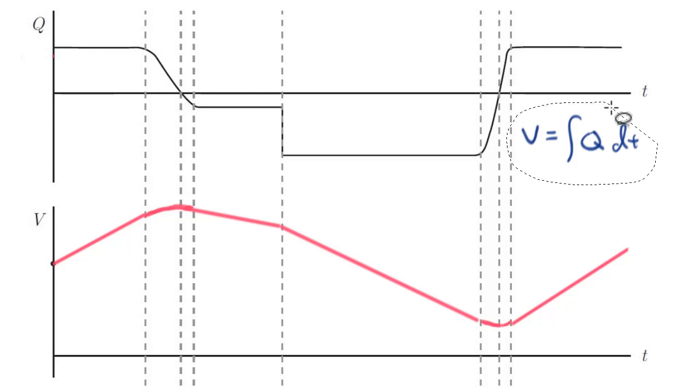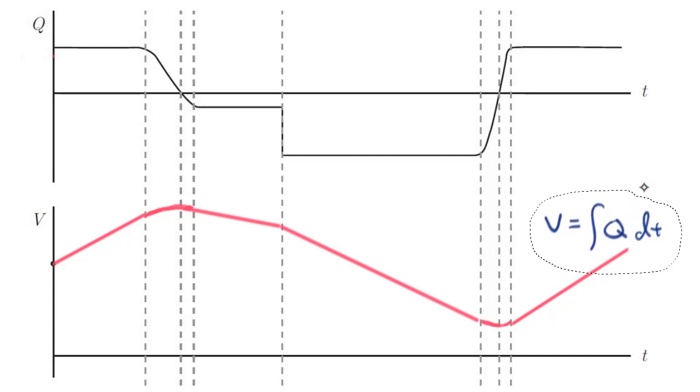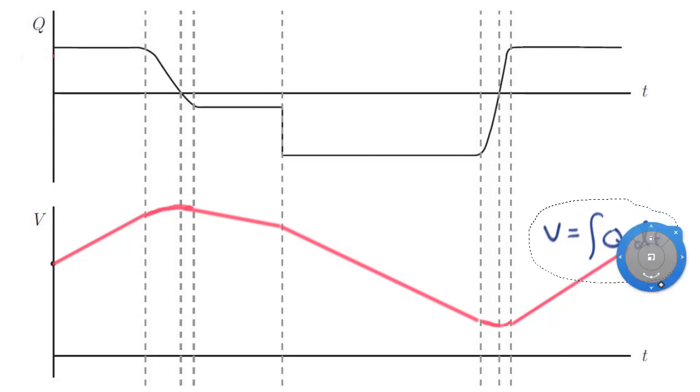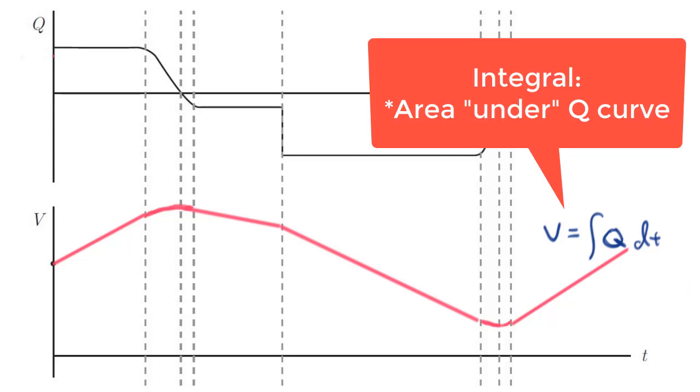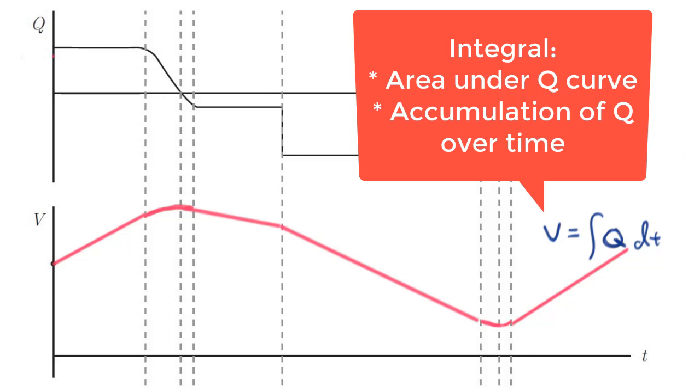Maybe I'll take this and move it down here, because this one's the volume curve, right? And here we're interpreting the volume, again, in the normal calculus way, as the area under the Q curve. Another way we can think about it, especially natural in this tank filling problem, is that the volume here is really the accumulation of the flow rate Q over time, right?